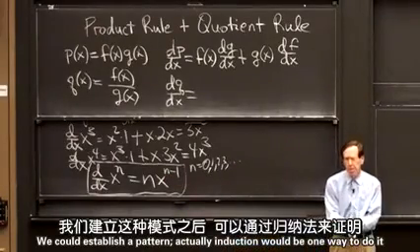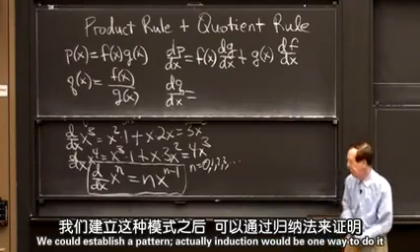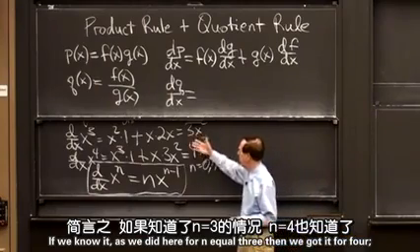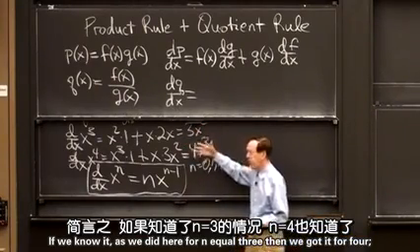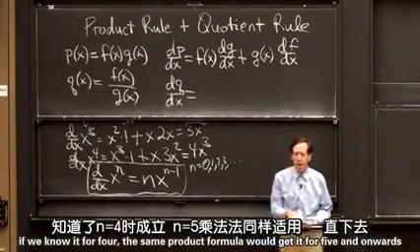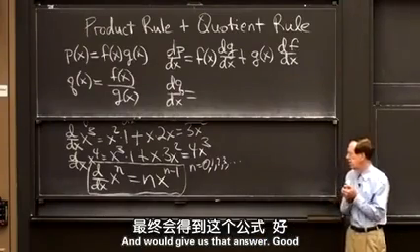We could establish the pattern. Actually, induction would be one way to do it. If we know it for, as we did here, n equals 3, then we got it for 4. If we know it for 4, the same product formula would get it for 5 and onwards, and would give us that answer. Good.